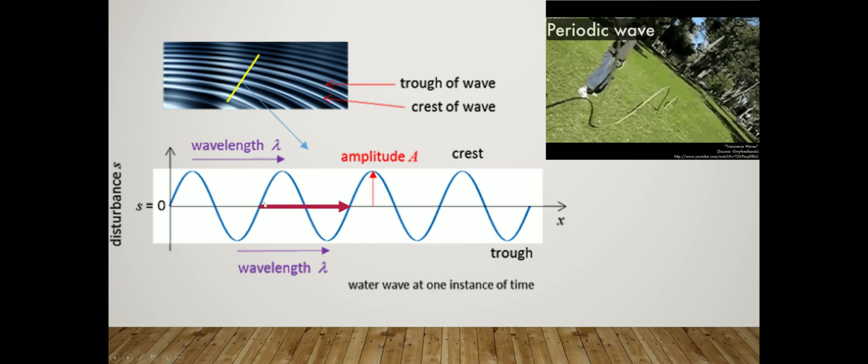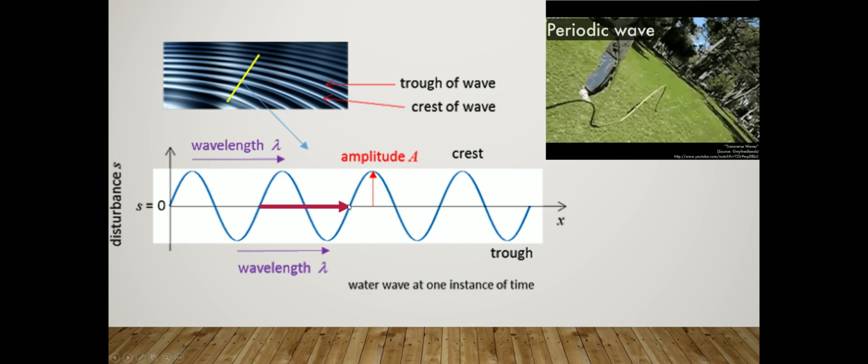It starts over here at zero, the equilibrium line. We call this line in the middle the equilibrium line. It starts at zero, goes up, and then down further, and then back up. That is one cycle of a wave.